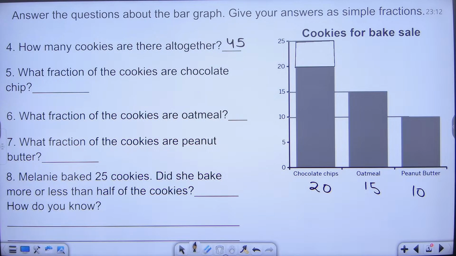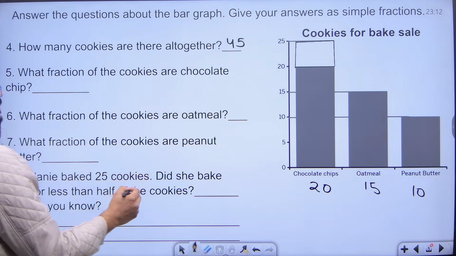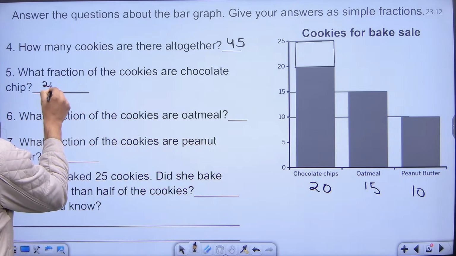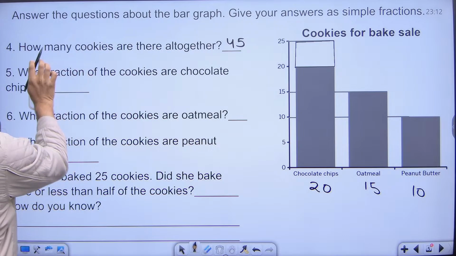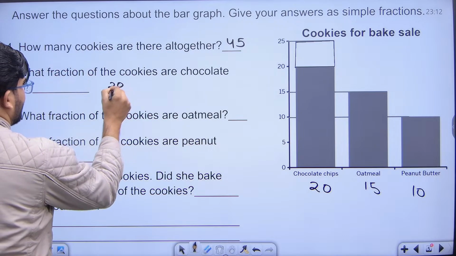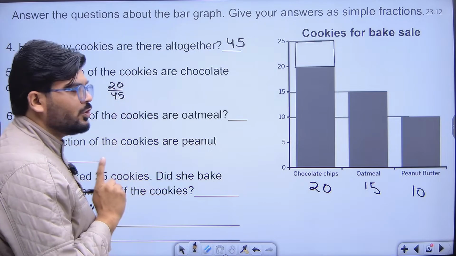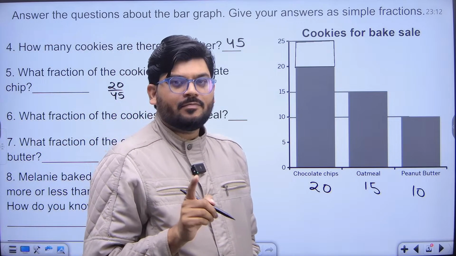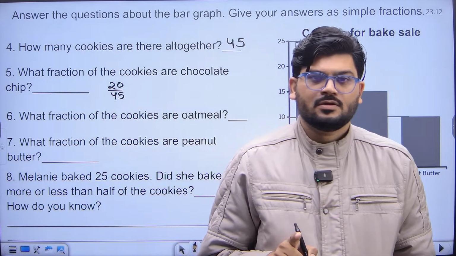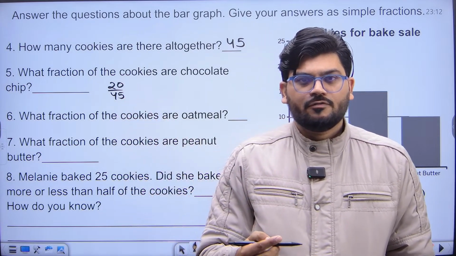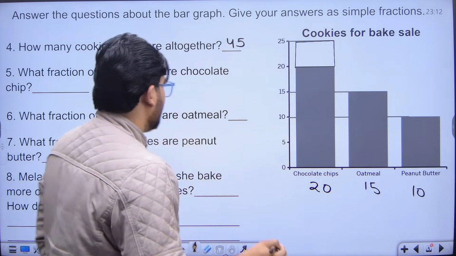What fraction of the cookies are chocolate chip? So if I ask what is the fraction, you will say 20 by 45. But you know what? Both the numbers can be divided by the same number. We know that 20 can be divided by 5 and 45 can also be divided by 5.